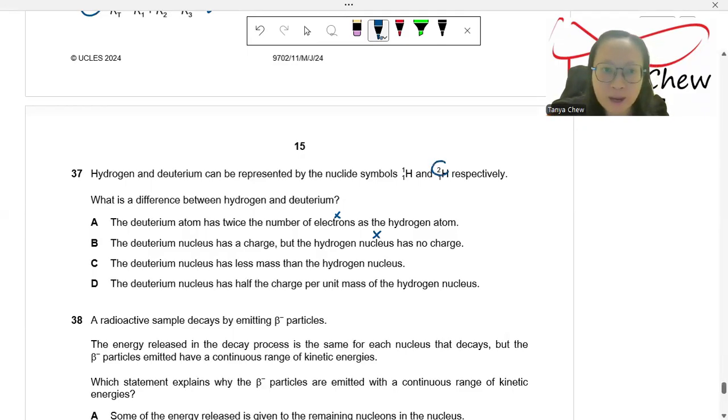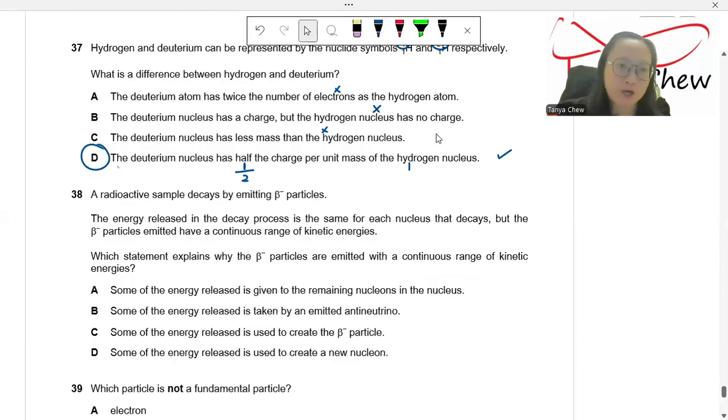Deuterium has 2 mass, compared to hydrogen, that is only 1 mass. Nucleon number represents the mass. This is also wrong. D, the deuterium nucleus has half the charge per unit mass. Deuterium is half charge per unit mass, hydrogen is 1. Yes, this is true. D is the answer.